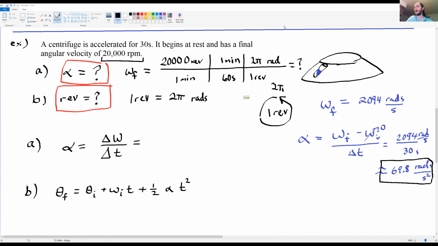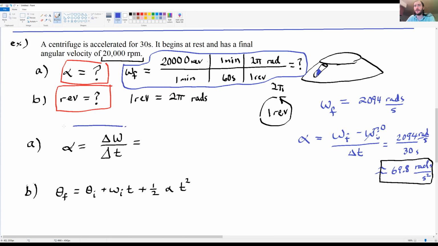If you got a little bit lost, the first thing to do is convert the final angular velocity they give you of 20,000 RPM into radians per second, and then use this formula here for alpha, this definition, because you want alpha in terms of radians per second squared.